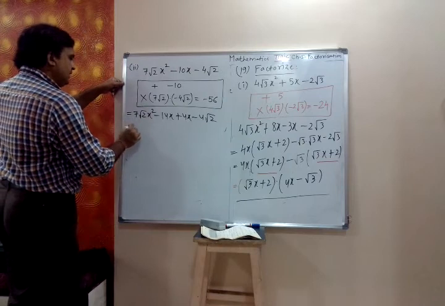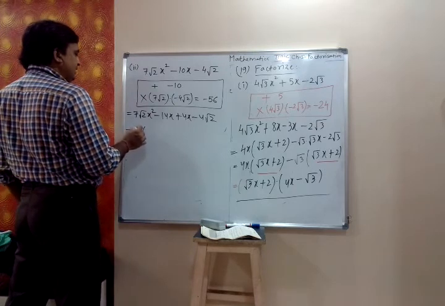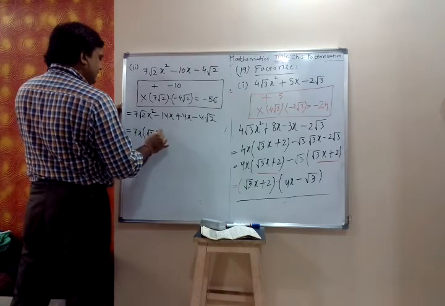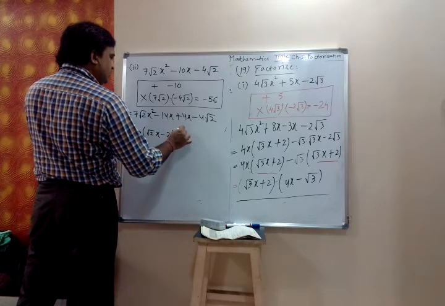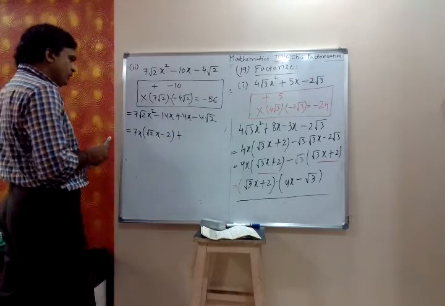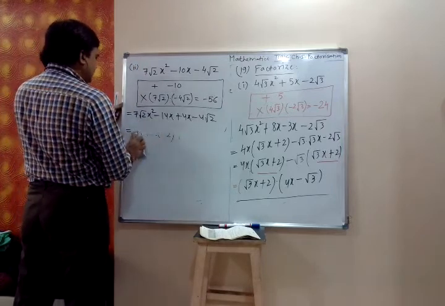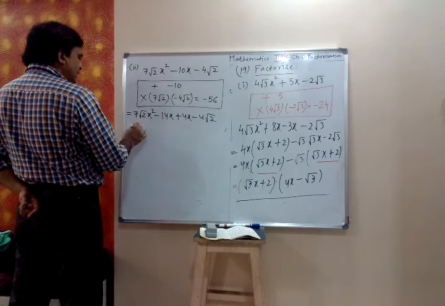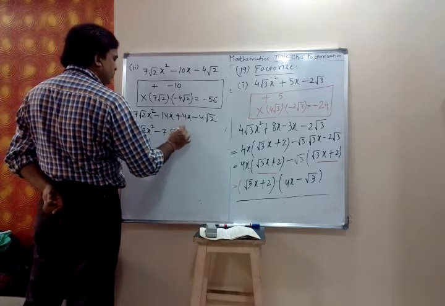So now first two, 7x is common. Let me write one more part. This 7 root 2 x square, 14 I will write 7 into root 2 into root 2 into x.